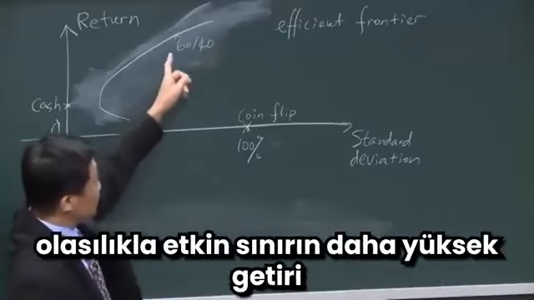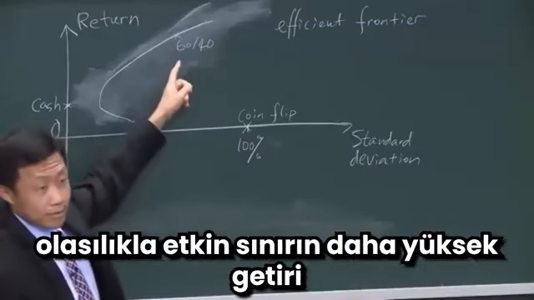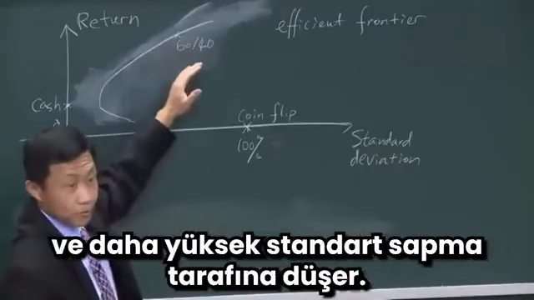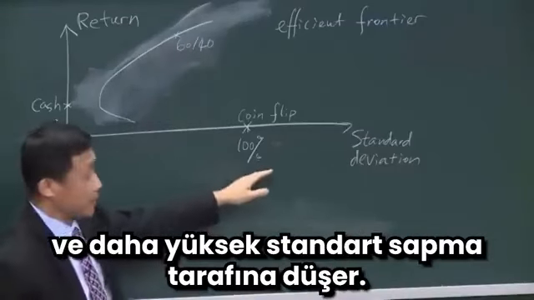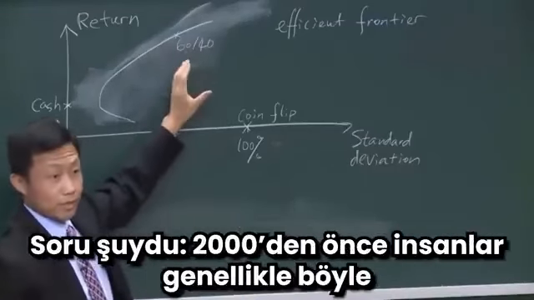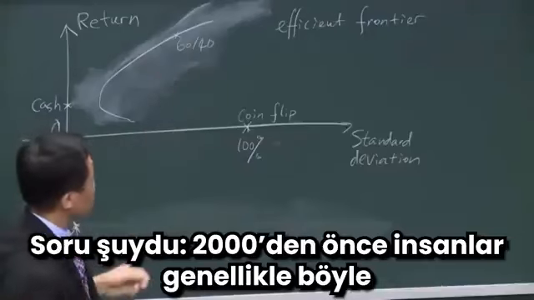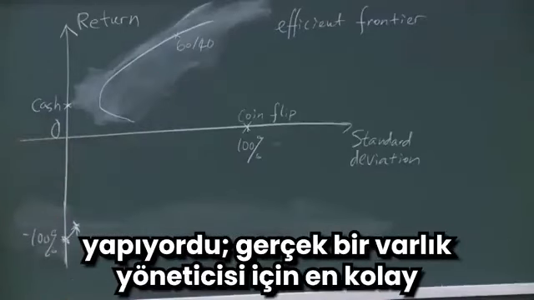So your 60-40 combination likely falls on the higher return and higher standard deviation part of the efficient frontier. That's typically what people did before 2000.